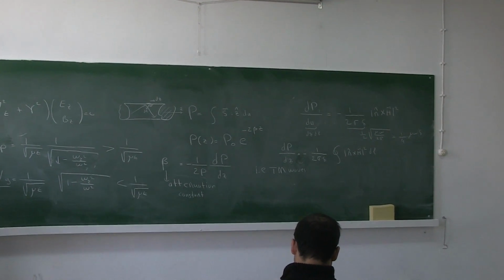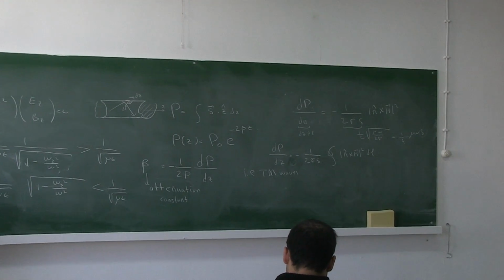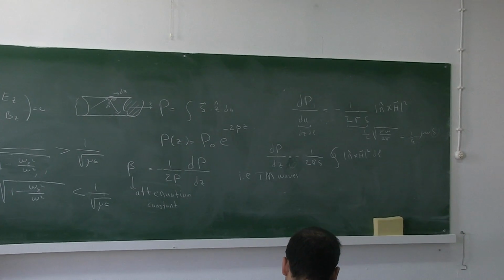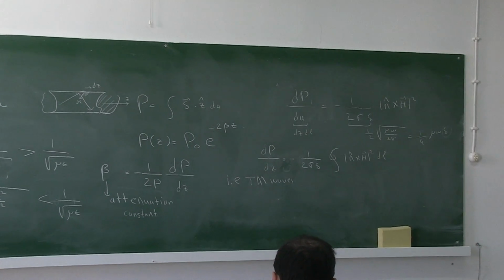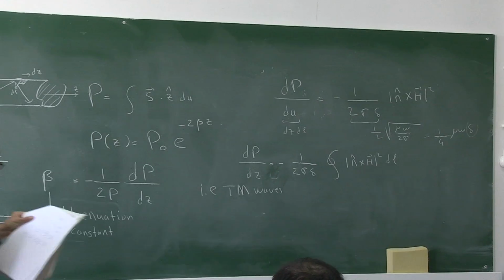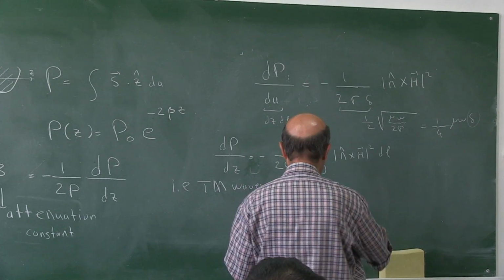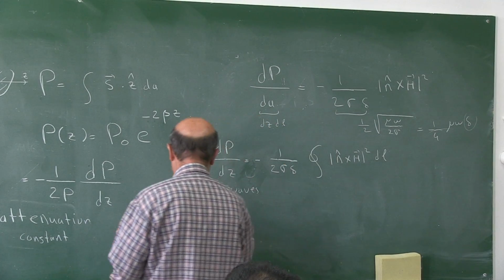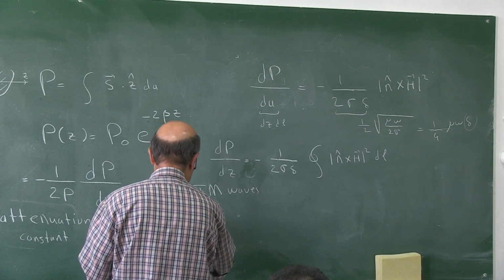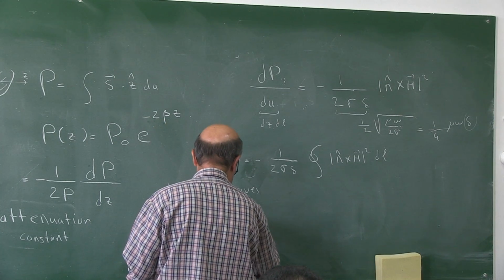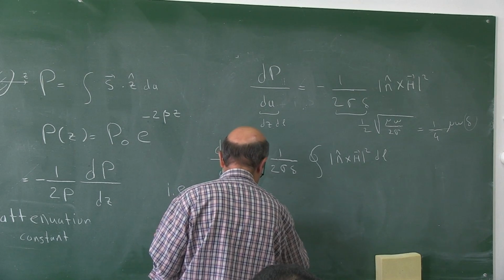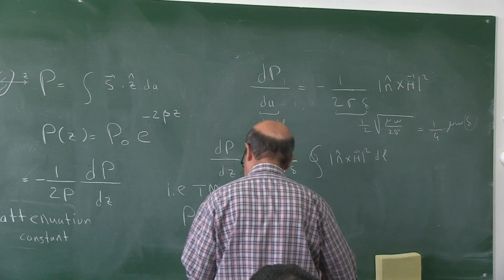So what was the power transmission? That was the transmitted power. If you look at your notes for TM waves, that was equal to S dot Z through the cross-sectional area of the waveguide.